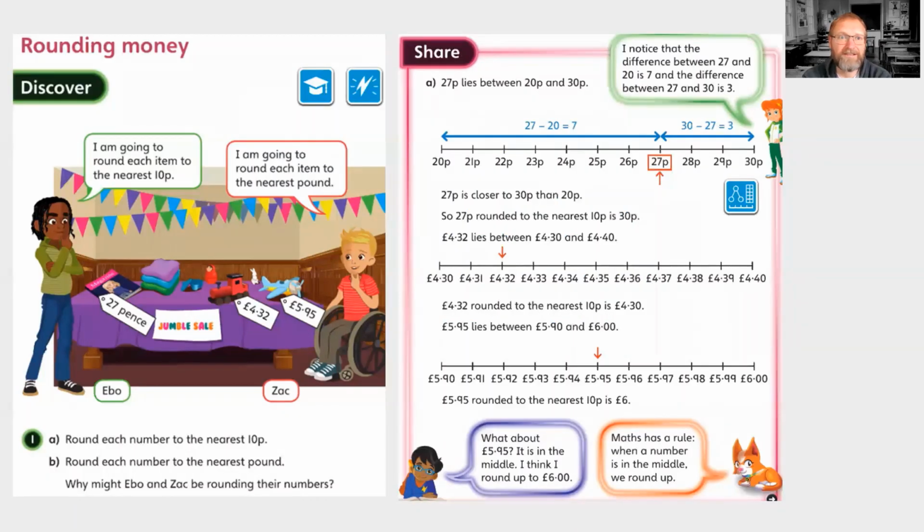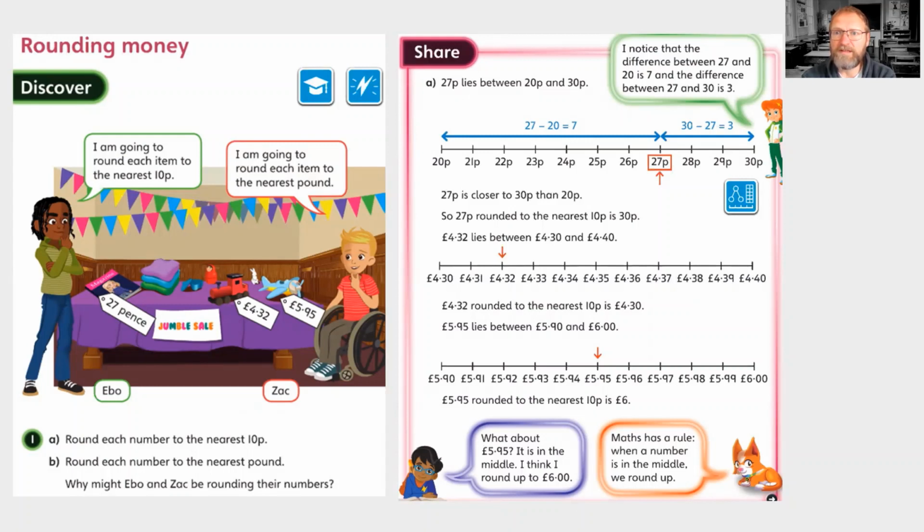Let's share our answers. So as you can see here, we've got 27 pence and we need to round it to the nearest 10. So let's think of our tens. It's 10, 20, 30, 40, 50, 60, 70, 80, 90, 100. Those are our tens. So 27 pence lies between 20 and 30. And here you can see it on a number line. Number lines are really good for when we're rounding numbers because it's a really good visual representation of what we're doing.